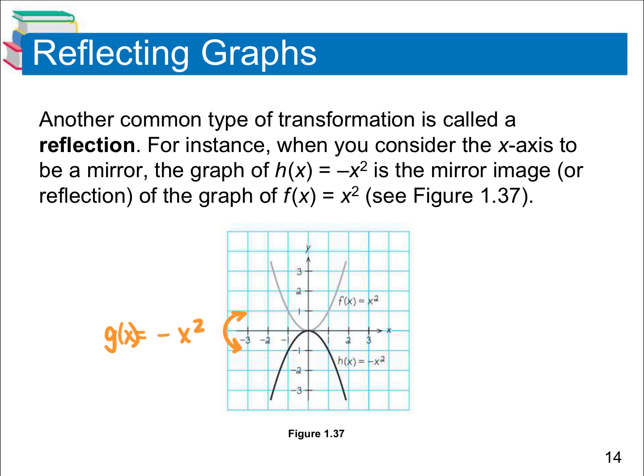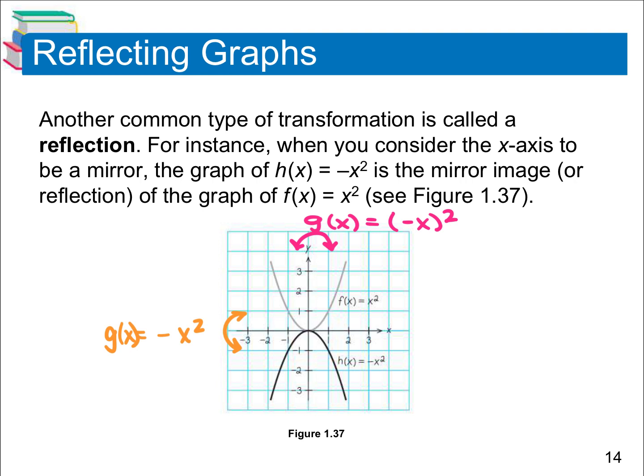If you had a reflection over your y-axis, that's happening horizontally. If it happens horizontally, that means that it's happening side to side, and any transformation that happens side to side or horizontally is inside those parentheses, under the radical, or inside the absolute value. So that means you would have something like g of x is equal to (negative x) squared.